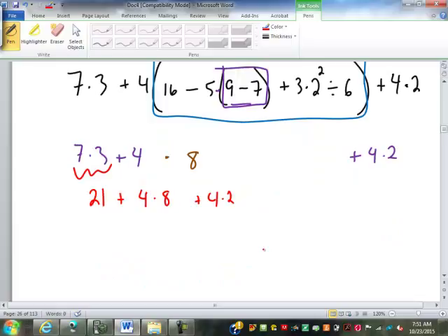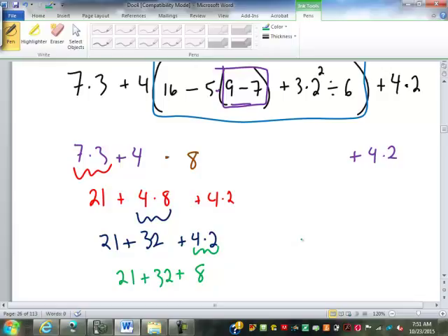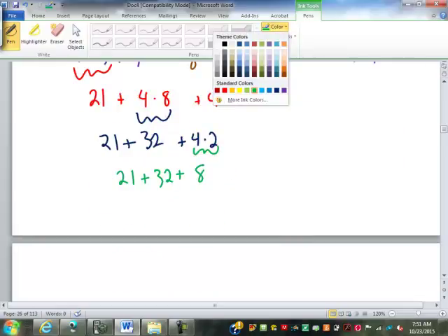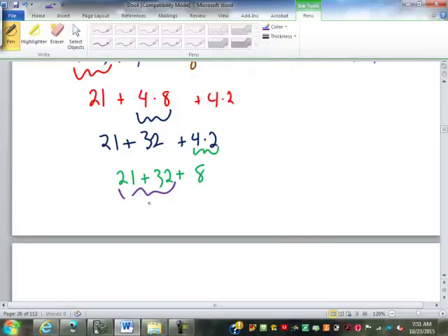Then we can do 4 times 8, which is 32. Everything else stays the same. And then 4 times 2 is 8. And then 21 plus 32 is 53. Plus 8 is 61. Not so bad, huh?